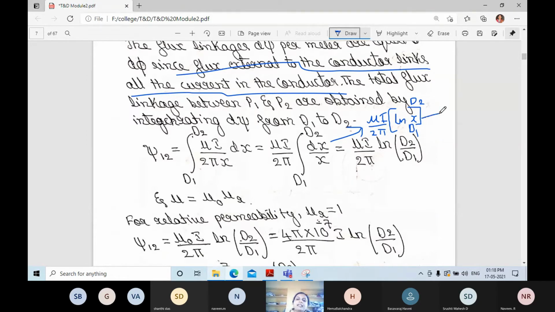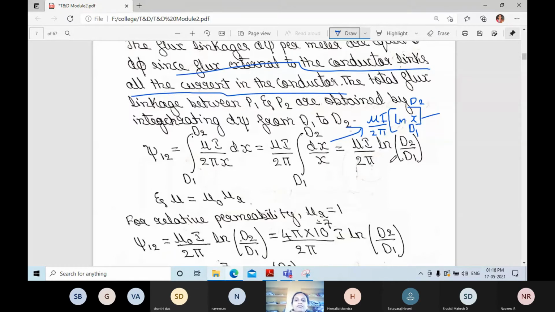When you integrate dx divided by x, you will get ln x. So you apply the limits, and you will get ln d2 minus ln d1.